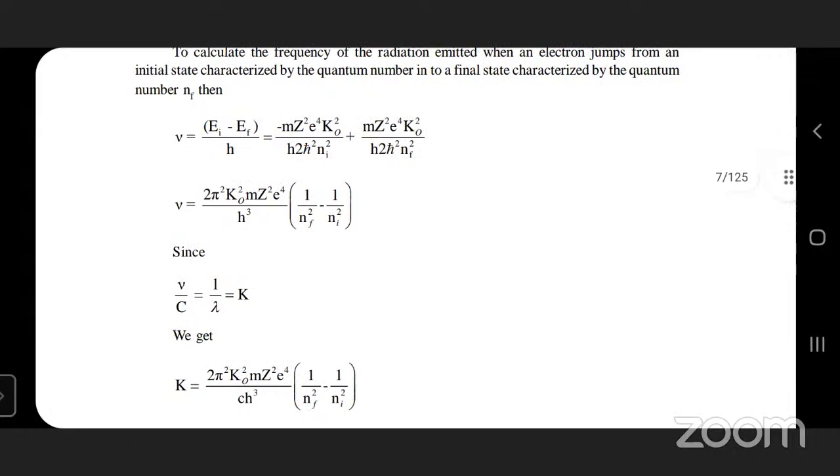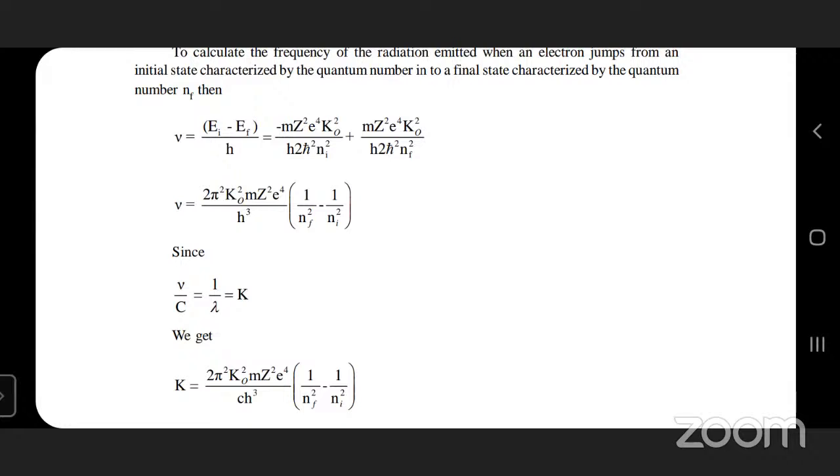Later on, the frequency value is calculated here: ν equals E2 minus E1 by h. Whatever it may be, some textbooks write Ei and Ef, where i means initial and f means final, so you need not worry about this equation, ν equals. Why?